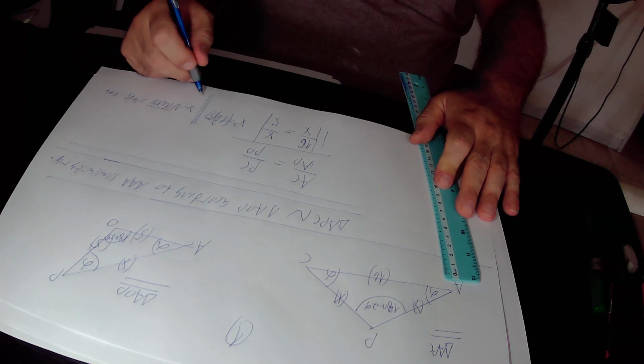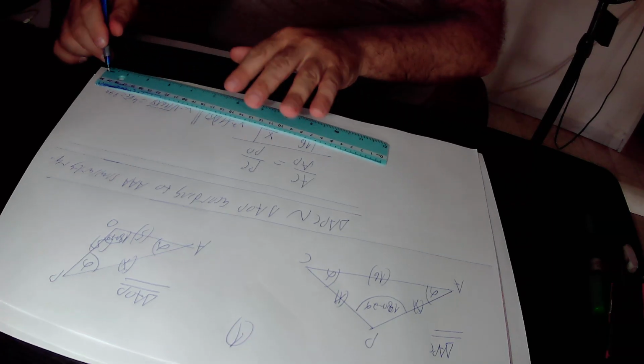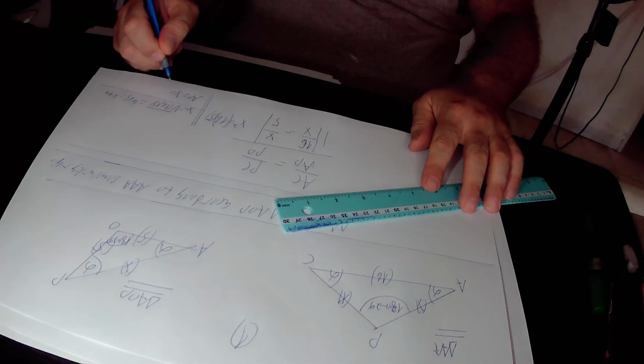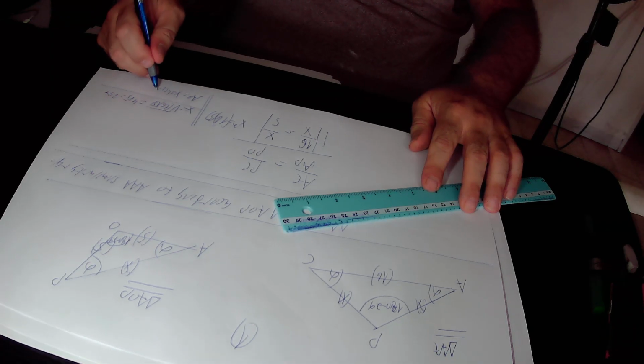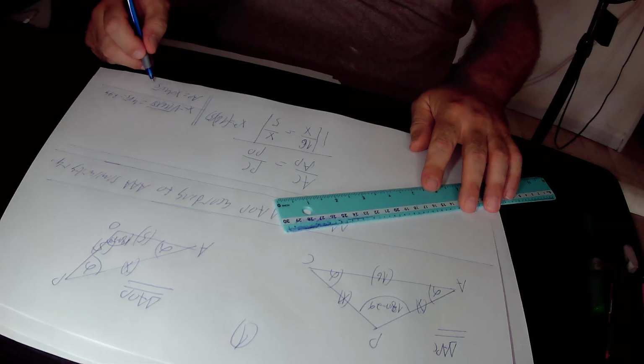So in total we should find that AP equals X, which is equal to either 4 times the square root of 5 units, or in terms of numbers, AP equals X equals 8.94 units in length.